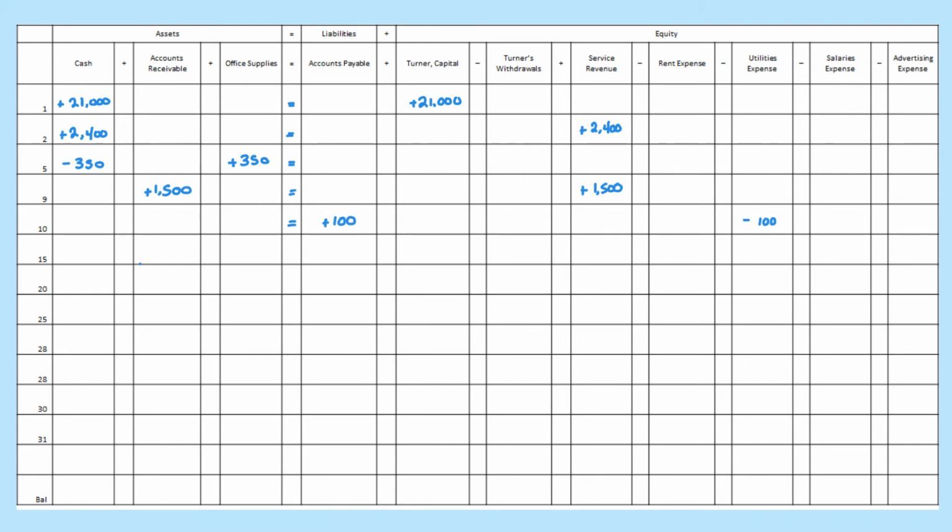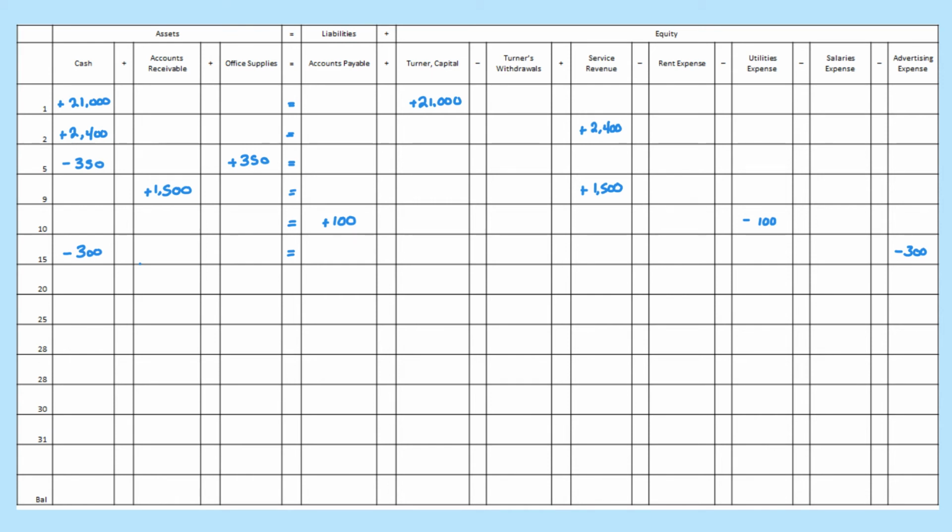On December 15th, paid for advertising in the local paper $300. I paid, so my cash decreased by 300. I paid for what? I paid for advertising. So advertising, it's an expense account. As we said before, expenses will always decrease equity. So it's negative. So my accounting equation still balanced.